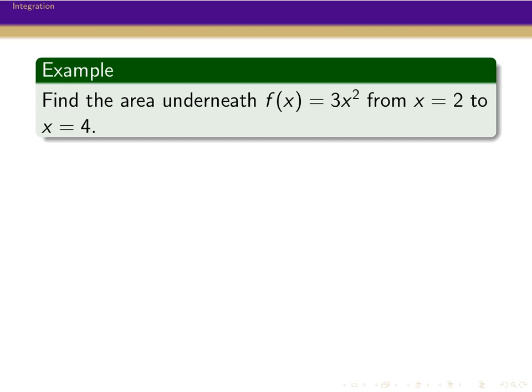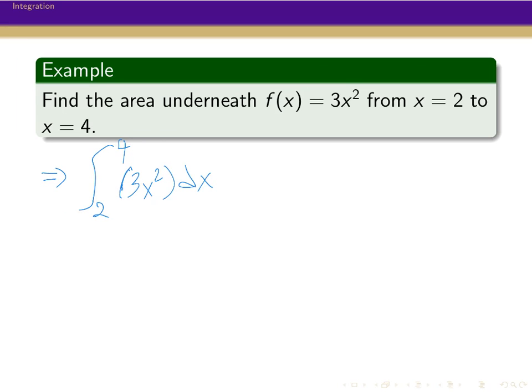Okay, so let's do an example. Here's our function, f of x equals 3x squared, from x equals 2 to x equals 4. Our notation for this is that we start at x equals 2, go to x equals 4, and then integrate 3x squared dx. So that's our notation for the definite integral.